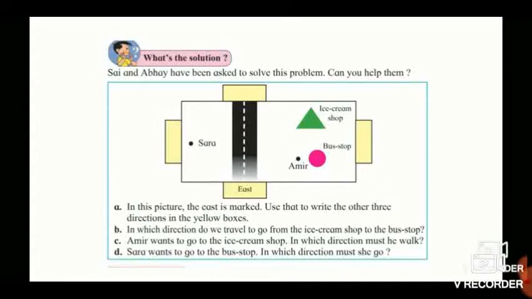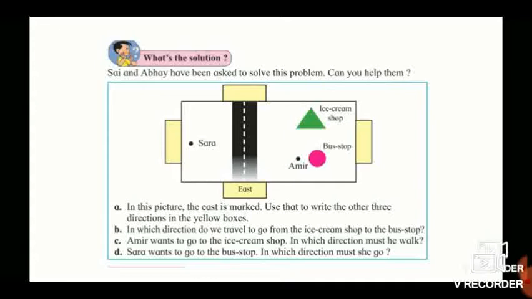Students, what we have learned is that east and west are totally opposite. Now east is given, so what will come straight opposite? Yes, the west is opposite to east, so we will write west, and north and south. So now find out in which directions do we travel to go from the ice cream shop to the bus stop.